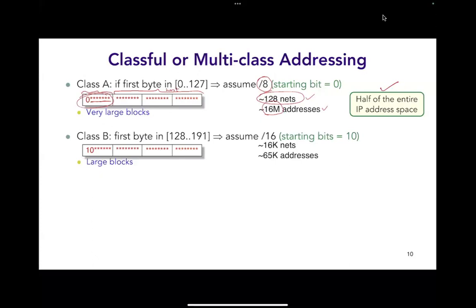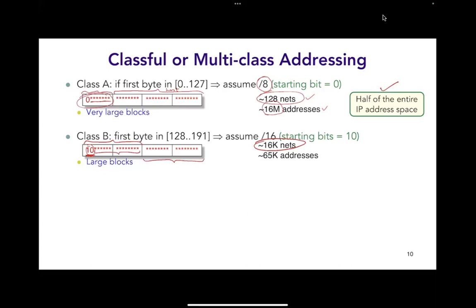Then for class B IP addresses, the starting bits are 1, 0. The first 16 bits are the subnet part, and the last 16 bits are the host part. So we have 2 to the power 14 networks, removing the 1 0 from the 16 bits. It's not 2 to the power 16. The first 2 bits for each class B address are fixed at 1 0, and the rest of the 14 bits are don't care.